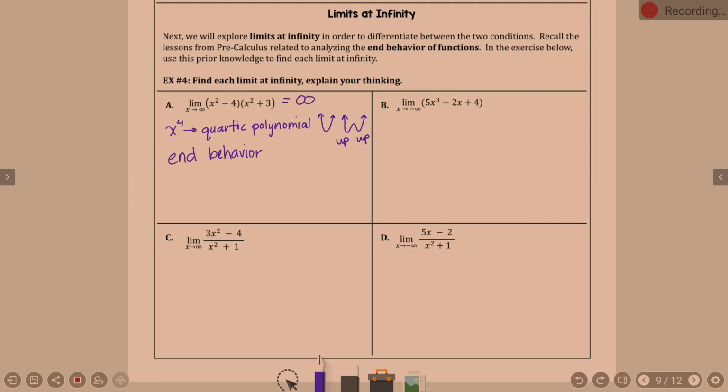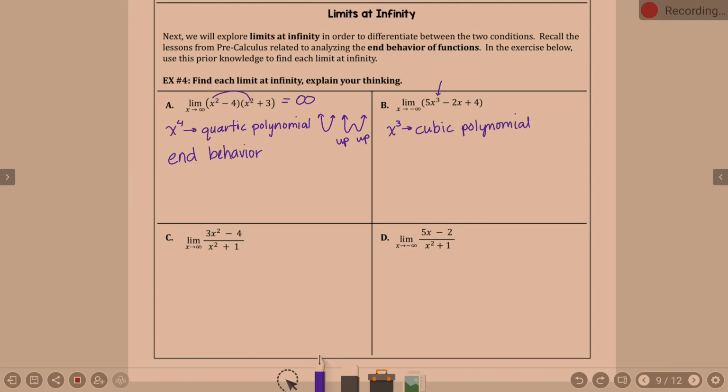What about B? It would be x to the 3rd, so cubic. X to the 3rd is going to be a, since it's negative, or no. So x cubed.